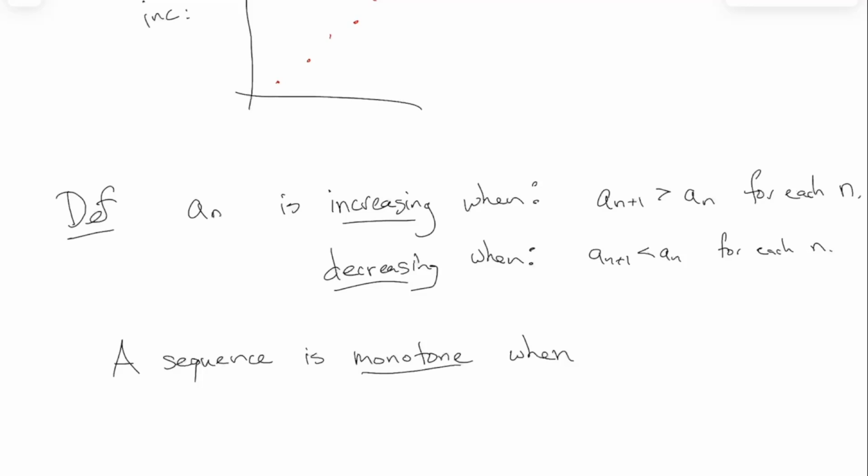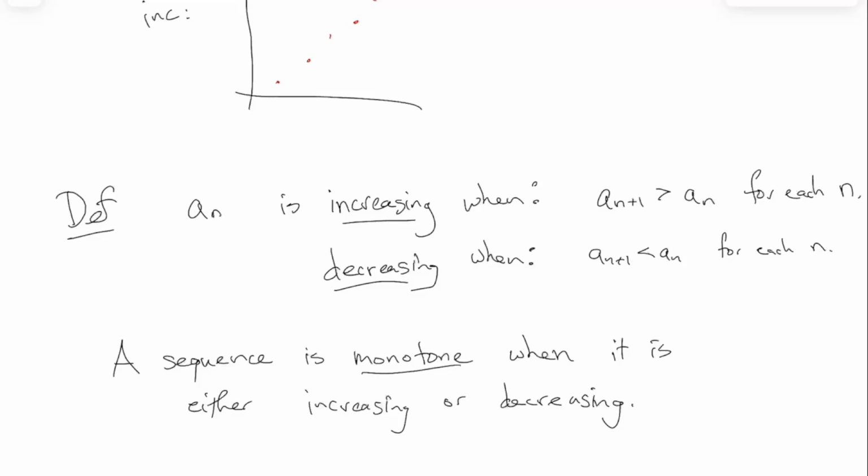That's what the word monotone in common parlance means. A sequence is monotone when it is always doing the same thing. That is to say, it's always either increasing or always decreasing. So a sequence is monotone when it is either increasing or decreasing.